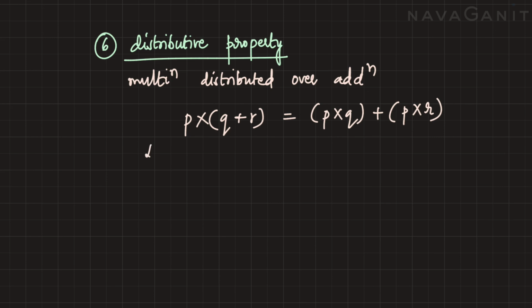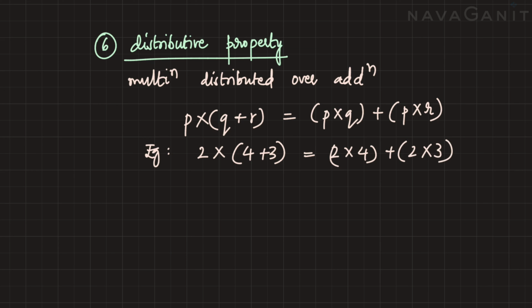For example, say we have 2 multiplied by 4 plus 3. This we can write as 2 multiplied by 4 added to 2 multiplied by 3. In this case, the LHS would be 4 plus 3, 7, 2 multiplied by 7, which would be 14.